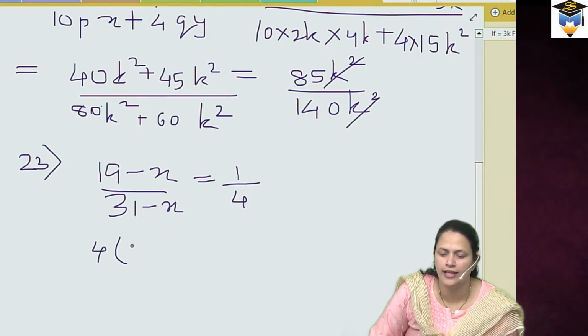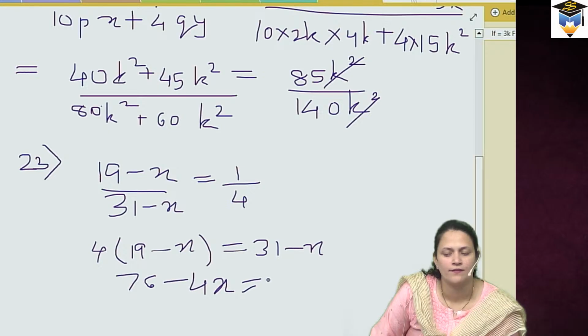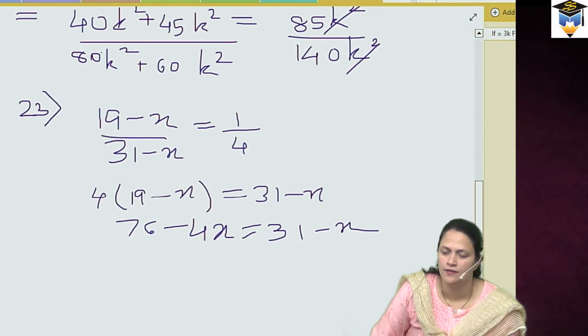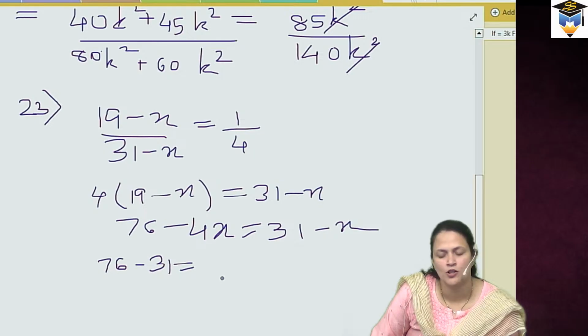So 4 into 19 minus x is, correct. Good. So what we are going to do? So minus x plus 4x will become 3x.